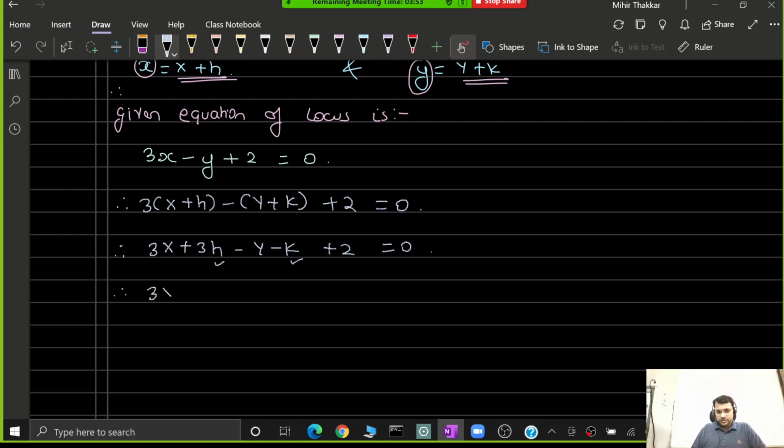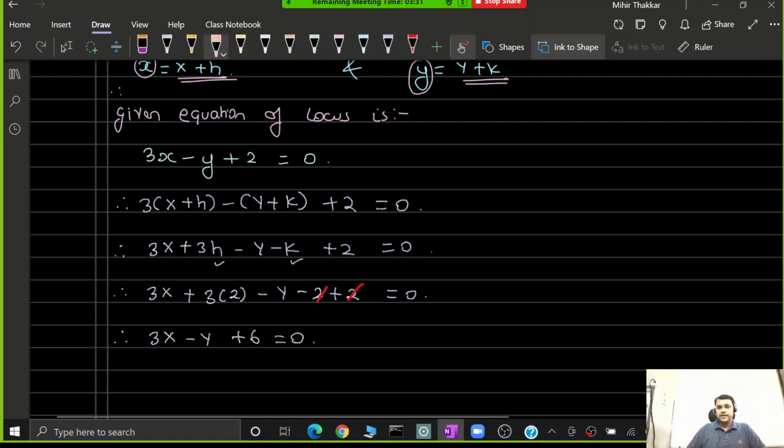So this is 3X plus 3 times 2 minus Y minus 2 plus 2 is equal to 0. Just cancel off this positive and negative 2. So you get 3X minus Y plus 6 is equal to 0 as your required equation in terms of the new coordinates.